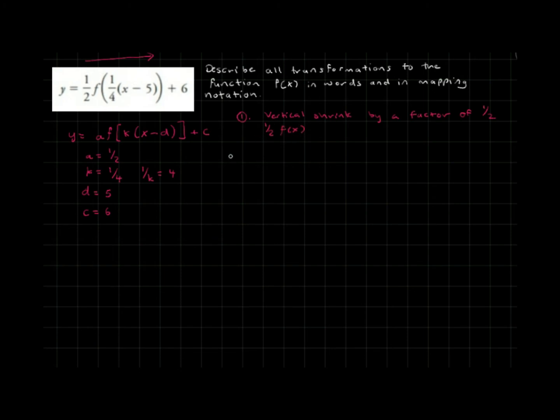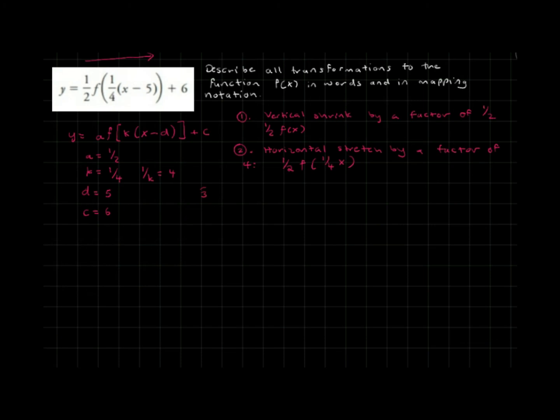Our second transformation: because 1 over k is 4, we have a horizontal expansion, or stretch, by a factor of 4. We can write that as 1/2 f of 1/4 x. So this builds our function piece by piece.